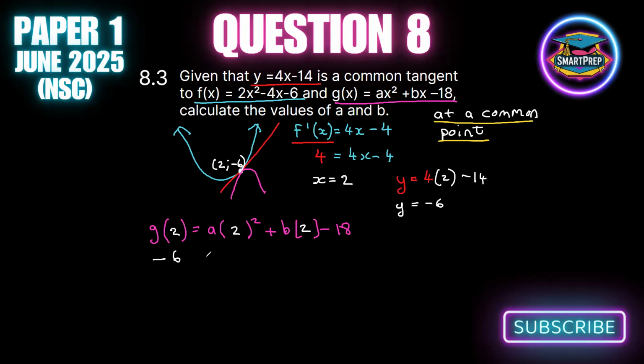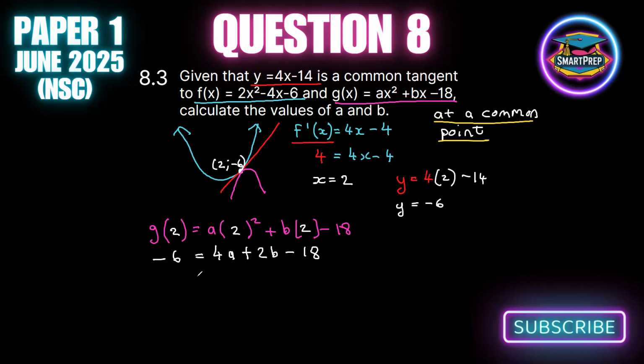Now I'm going to drop the colors. And so I get 4a plus 2b minus 18, and when I tidy this up, I should get 4a plus 2b. This is a plus here, isn't it? Yes, plus 2b equals 12 when I take the 18 across.